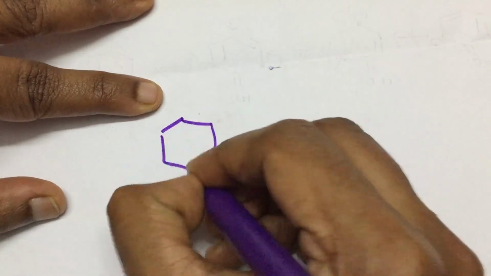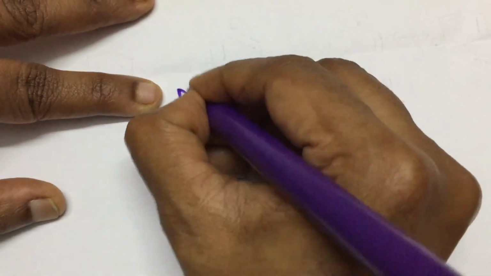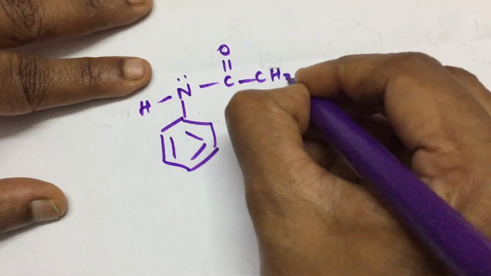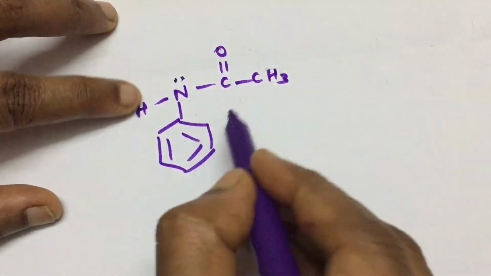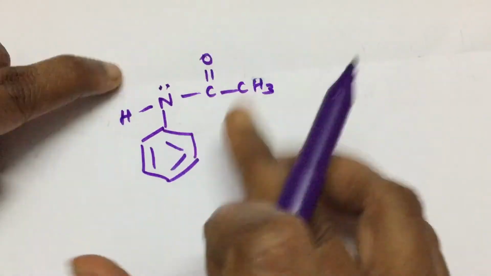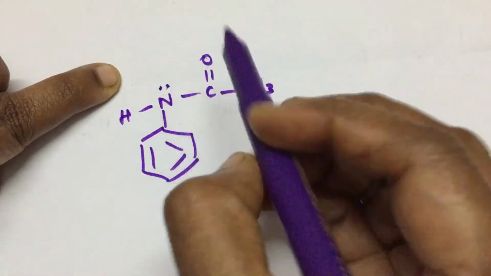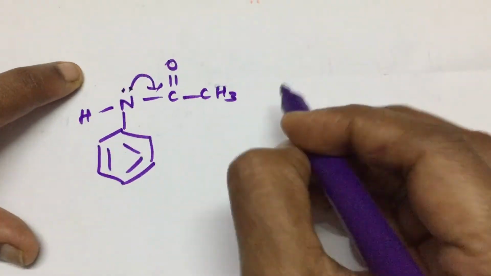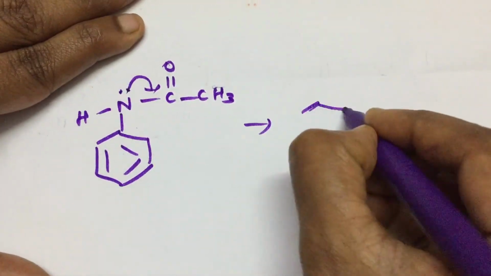But here there is a competition arising between this carbonyl and benzene. See, this lone pair, if this acyl is not there, it will come to the benzene ring. But here he is electron withdrawing. He is competing with the benzene. Like that, he is also pulling electrons.